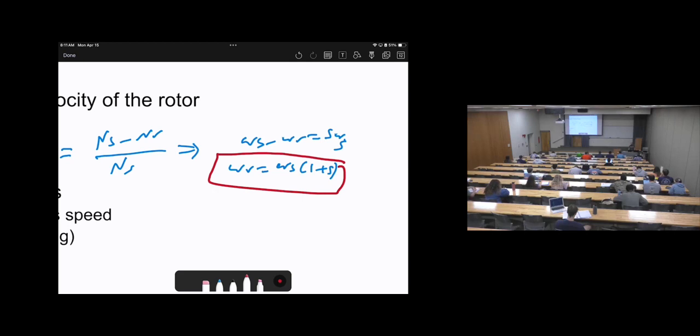That's one way of controlling the speed of the induction motor. It's called slip control. By changing s, you can change the rotor speed.